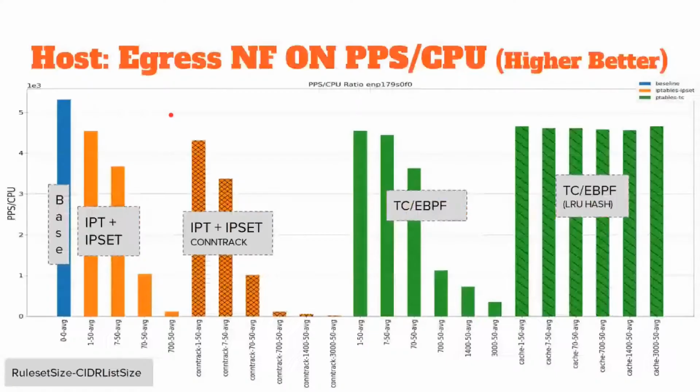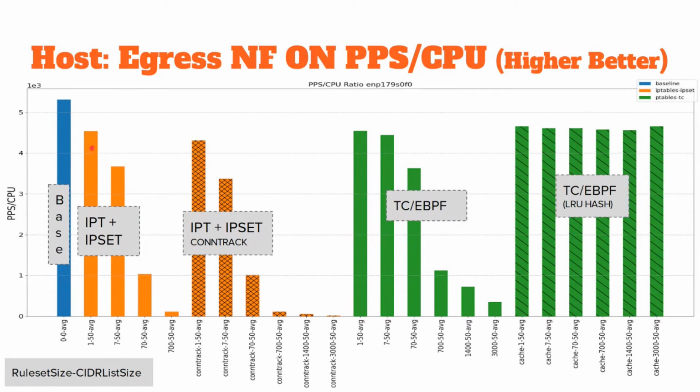Right, so let's go over the results with Egress here. Again, it's a similar kind of envelope of results. You don't have Egress on TC, which is why XTP is missing here. TC eBPF did better if you compare those two, and if you compare the caching, yes, TC eBPF did better.